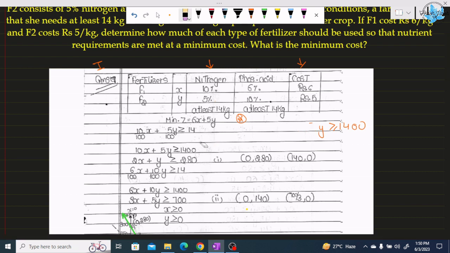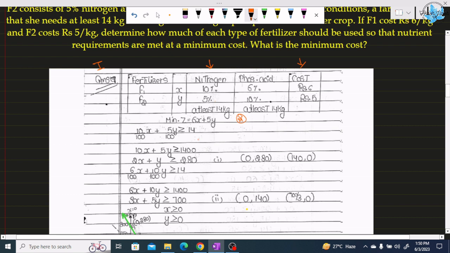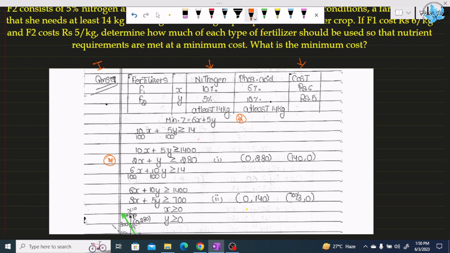Now you can take 5 common from both sides, or divide by 5 on both sides, so you will get 2x plus y is greater than or equal to 280. Then for the second constraint, for the phosphoric acid, it will become 6 upon 100 x plus 10 upon 100 y is greater than or equal to 14.